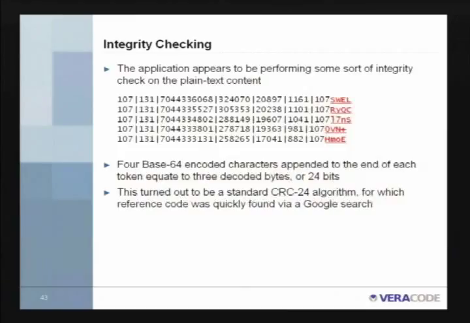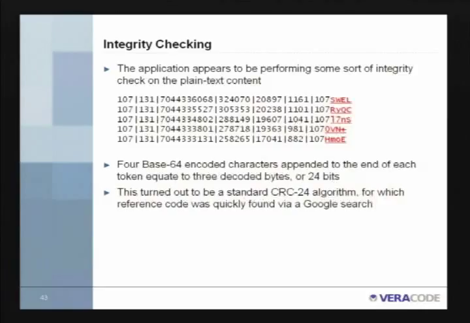Otherwise, the application is going to calculate it and determine it doesn't match. Someone must be messing with this. Throw out the request. So at the end of each token, we see 4 letters that look like base 64. 4 base 64 encoded characters equate to 3 actual decoded bytes, or 24 bits.